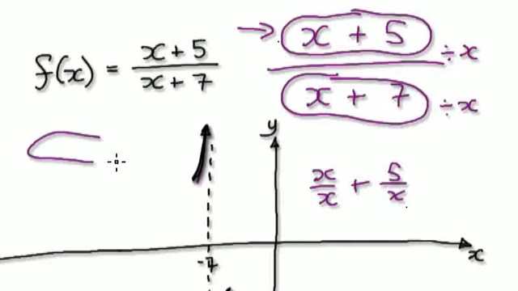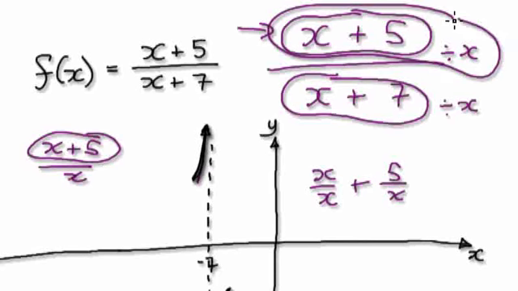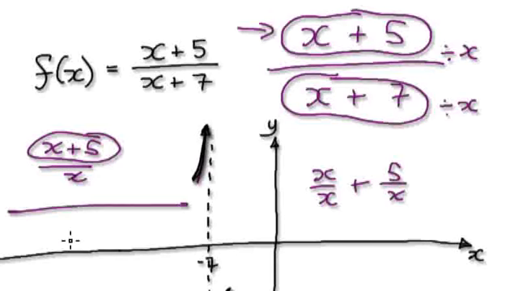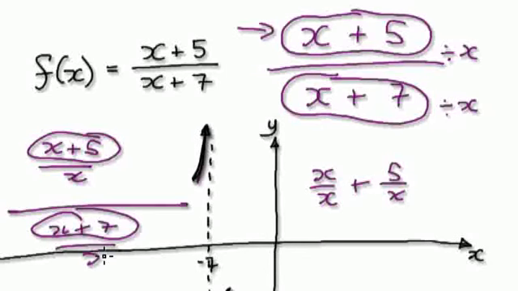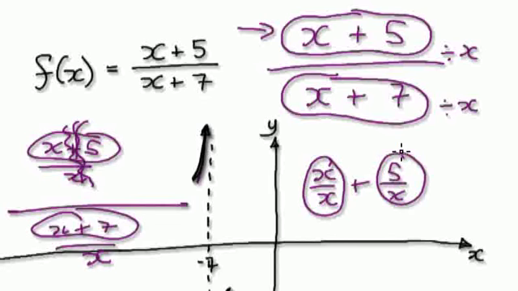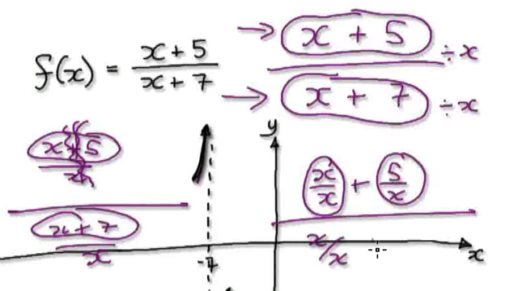So when you divide the top bubble, x plus 5 divided by x, we are just considering this bit here only. And then down here you've got x plus 7 over x here. You can break this up here into this and into this. And then for the bottom part you will have x over x plus 7 over x.